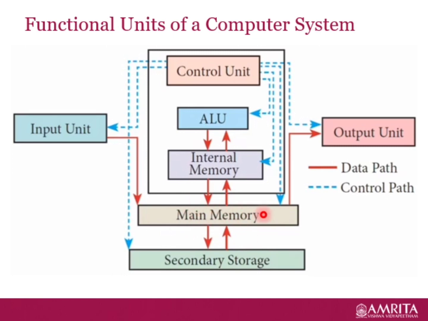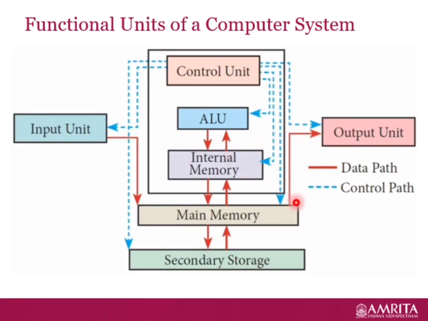The main memory, also called RAM, is a temporary storage, whereas the secondary storage like hard disk is for permanent storage. So both these are part of the memory unit. And finally, we have the output unit for outputting the results.